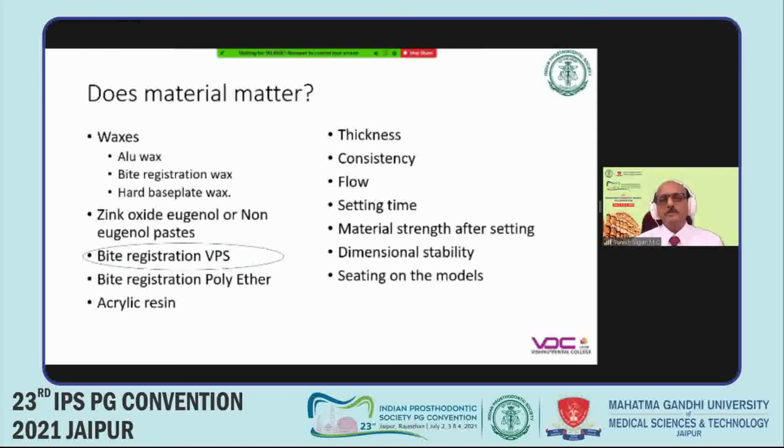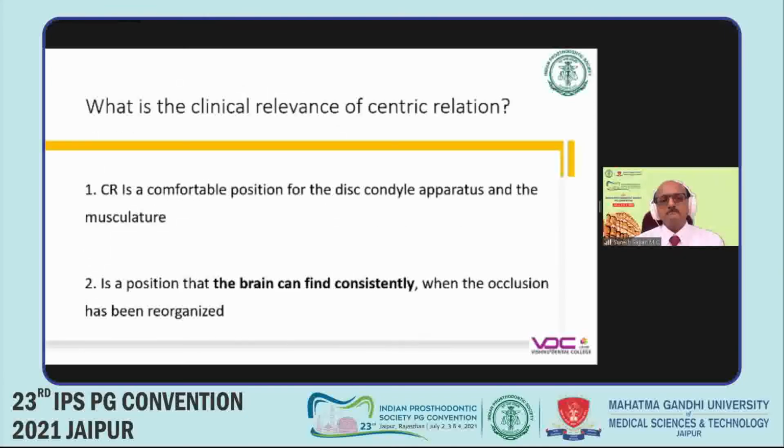But we have to keep in mind the thickness, consistency, flow, setting time and material, because otherwise, with all that effort of positioning the mandible, if there is a problem in recording it, the whole thing goes in vain.